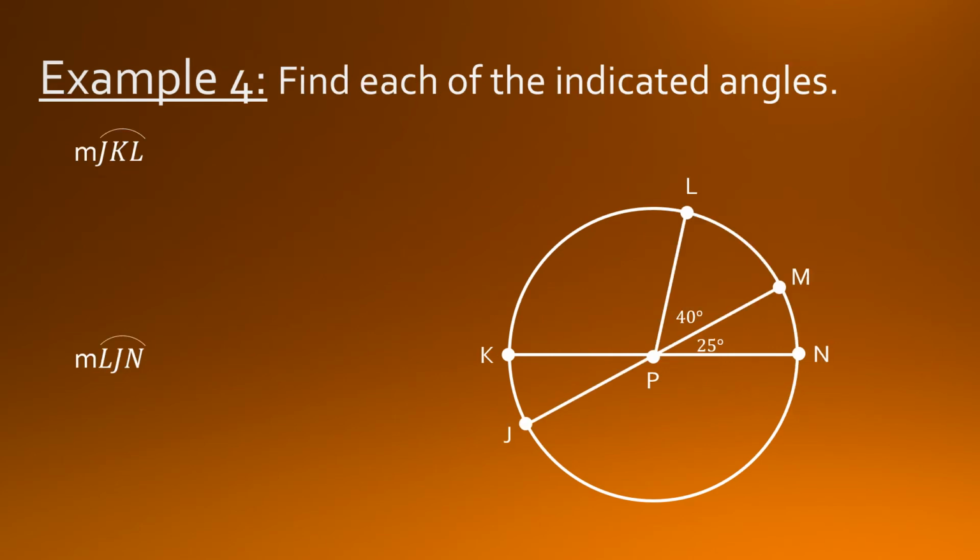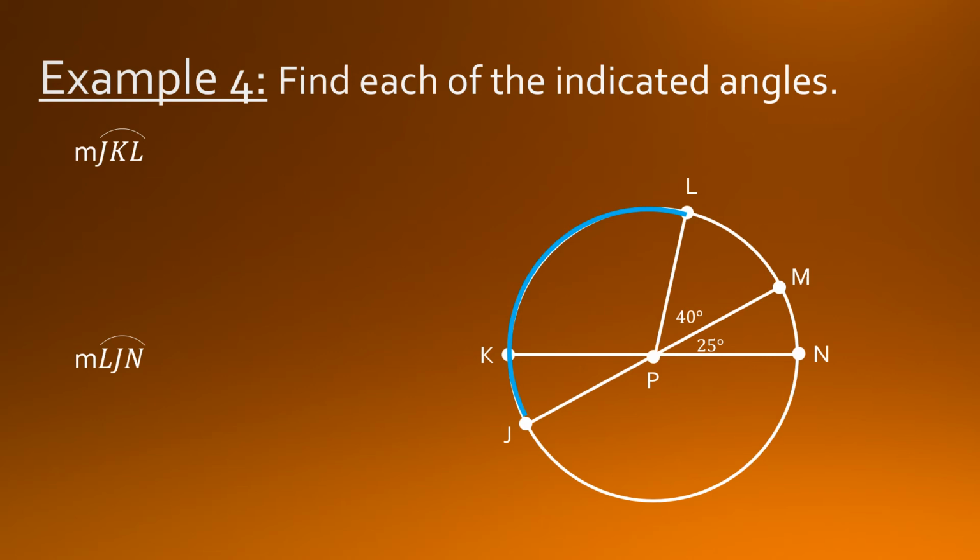In example 4, we want to find each of the indicated angles. So the first one, we're looking for the measure of JKL. So from J through K to L. Now, we don't have both of those arc measurements, but we do know that we can add JK to KL.